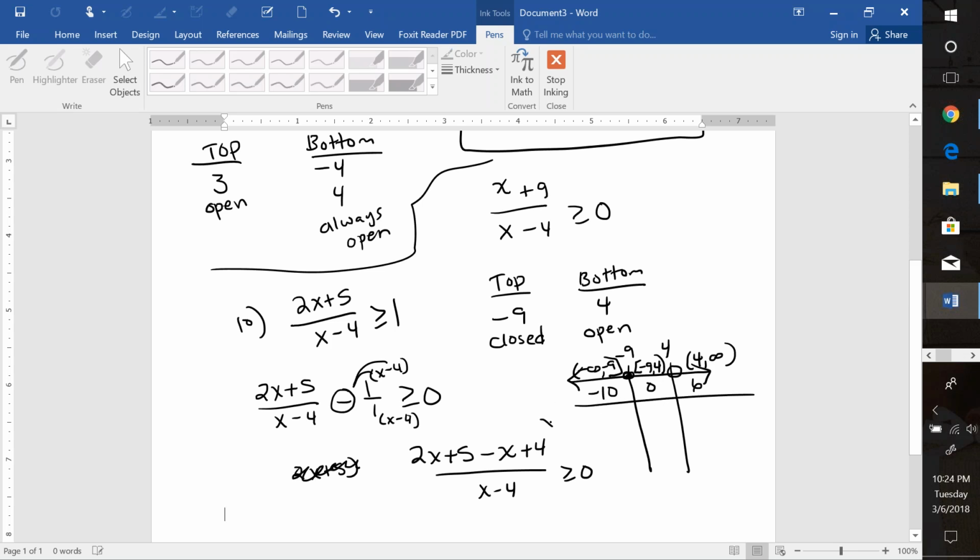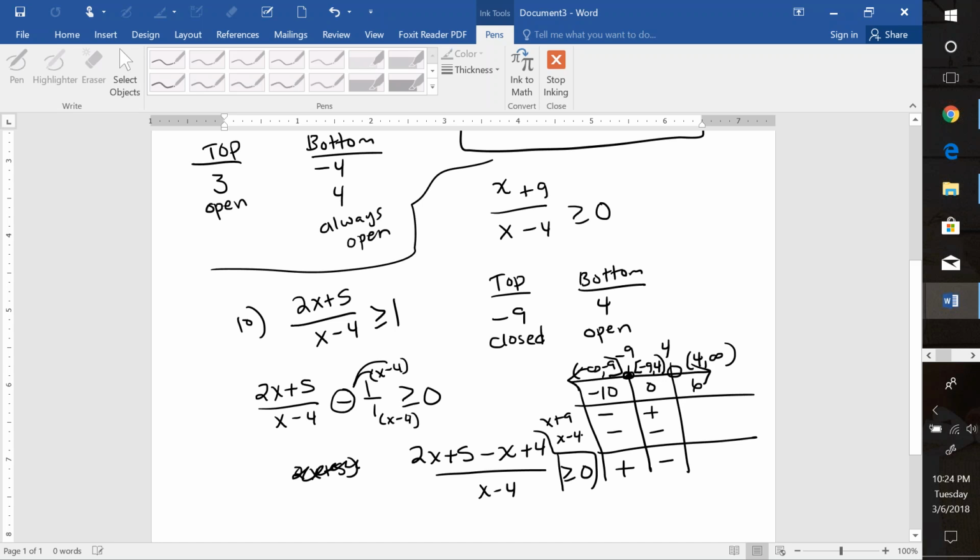I need my factors, x plus 9 and x minus 4. And we want this to be greater than or equal to 0. So if we plug it in, negative 10 plus 9 would be negative 1. Negative 10 minus 4 is negative 14. Negative times negative is positive. 0 plus 9 is positive 9. 0 minus 4 is negative 4.